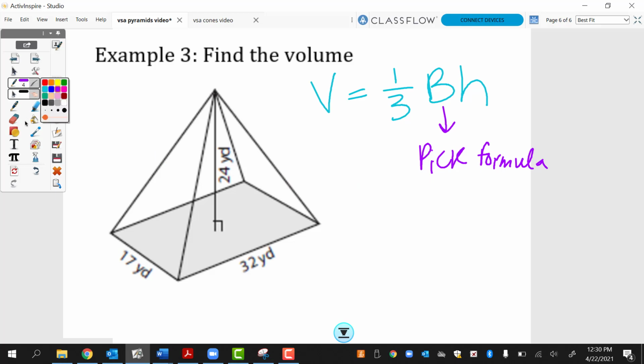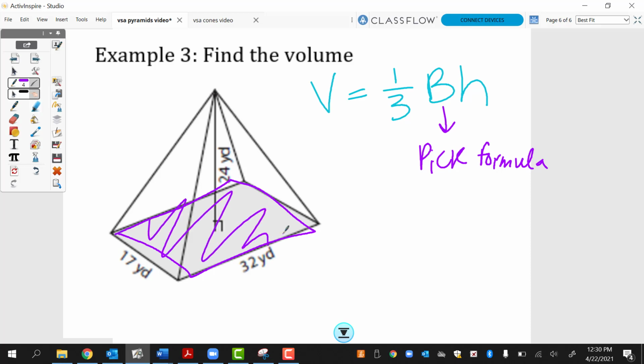I look at my picture. Where is the base? It's down at the bottom. Shading it in. That shape is a rectangle. What formula do I use for a rectangle? Base times height. The base of this rectangle down here is 17 times the height is 32.